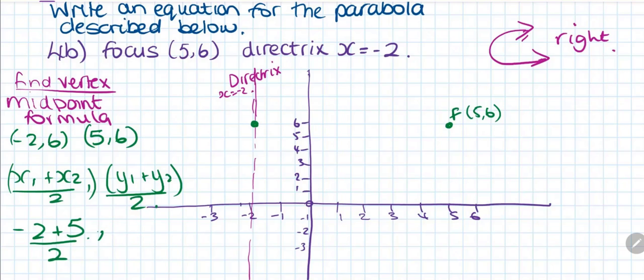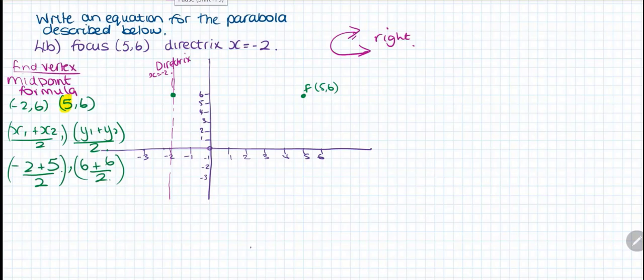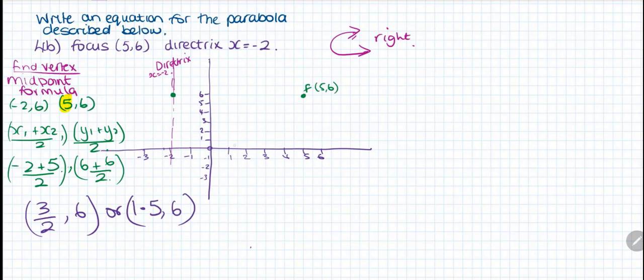And then for y, we have 6 plus 6 divided by 2. So now that's 3 over 2, comma, and 6 plus 6 is 12 divided by 2 is 6. You can rewrite this as (1.5, 6). So (1.5, 6) would be here. So this is our vertex.